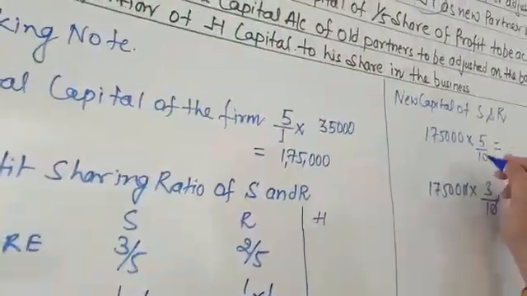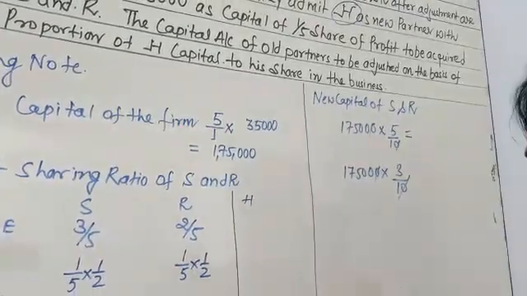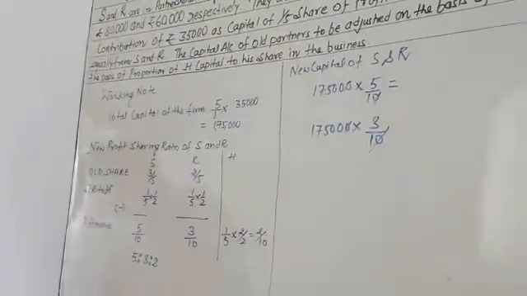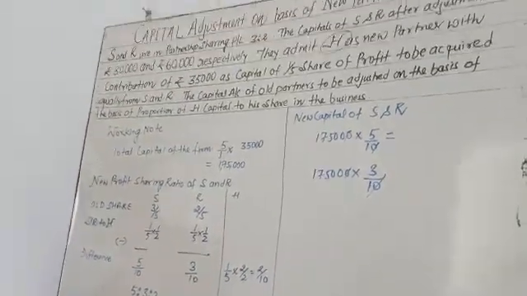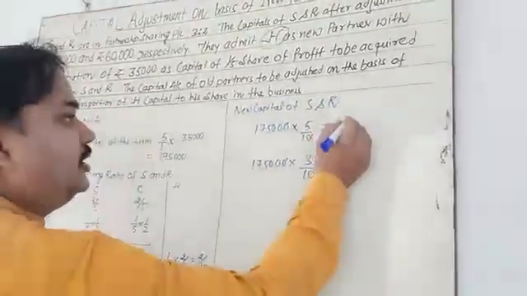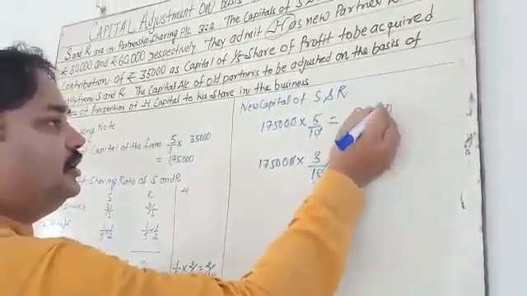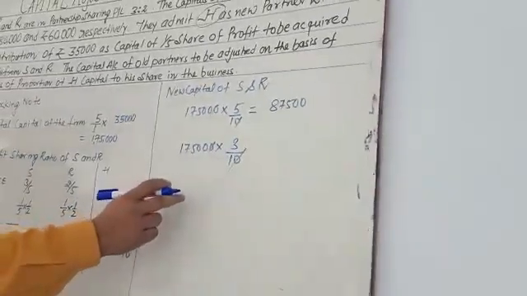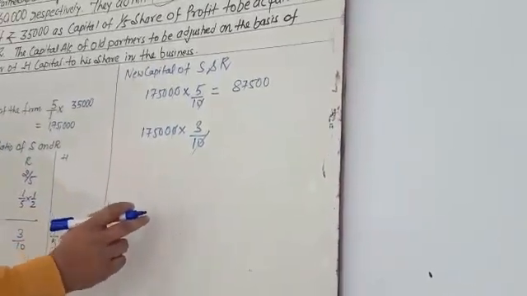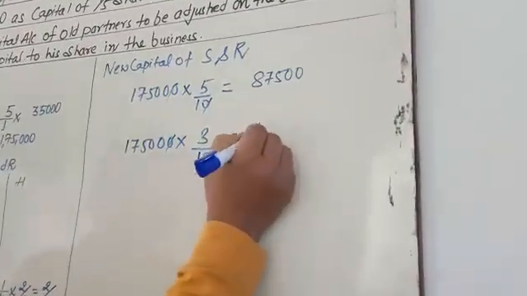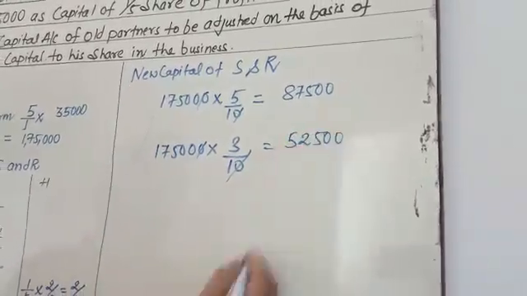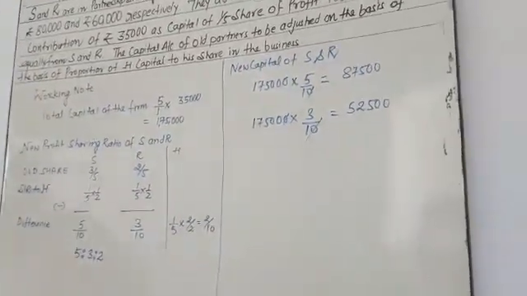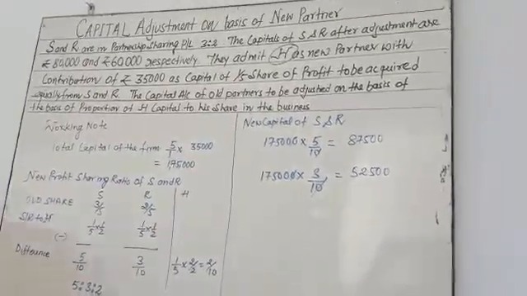So you cut it here and you get the answer, and this way you have to calculate. So 87,500 is the new capital, and 52,500 is the new capital. So what you have to do next, you just calculate.